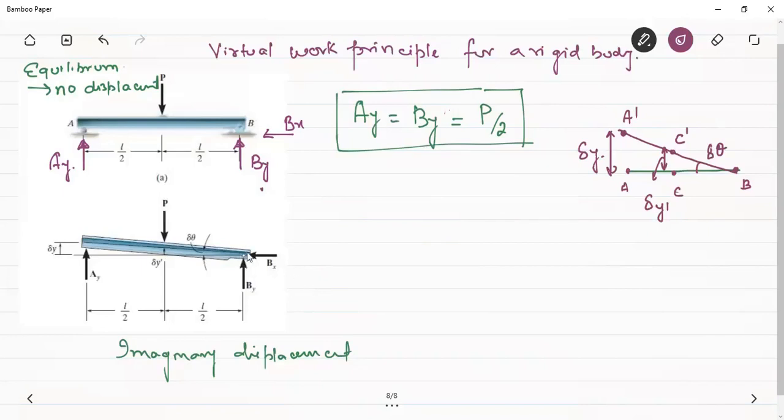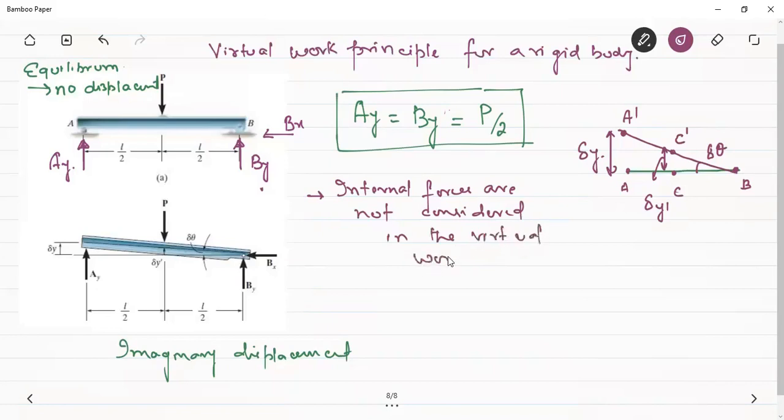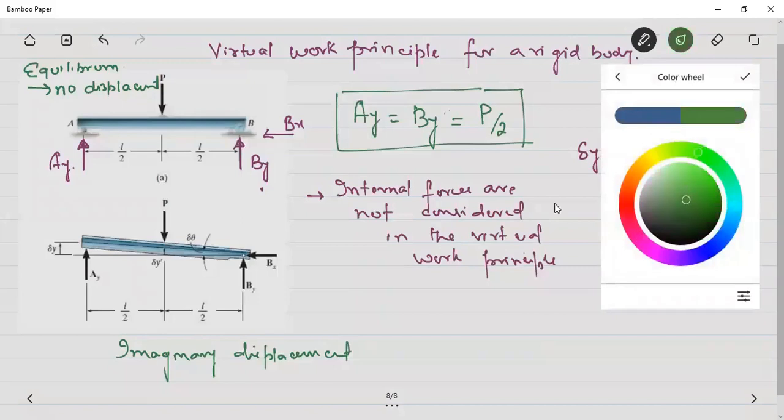See here the external forces. One thing to note is that internal forces are not considered in the virtual work principle. Why aren't they considered? Because, first of all, the rigid body does not deform on the application of the internal forces.